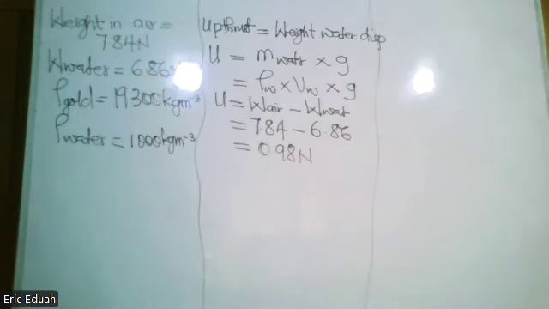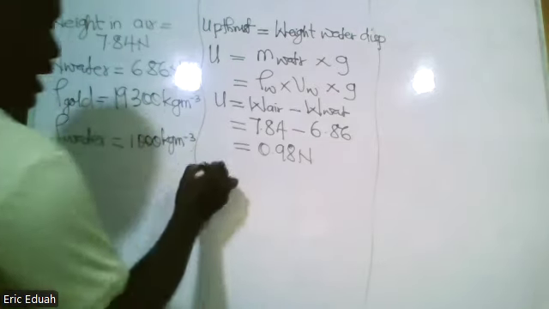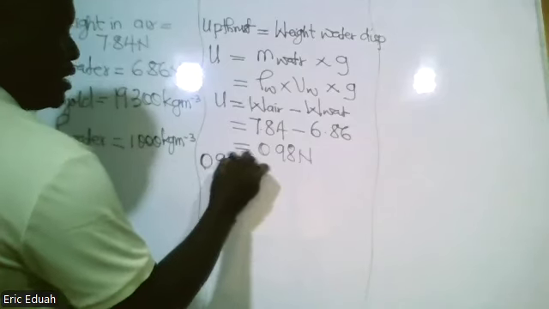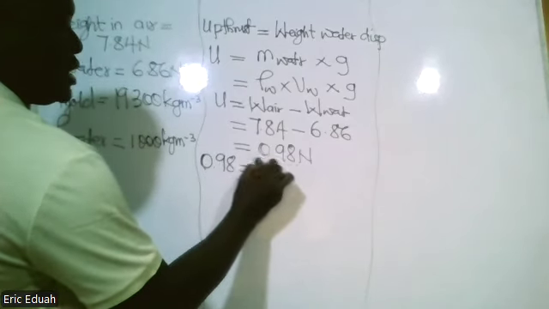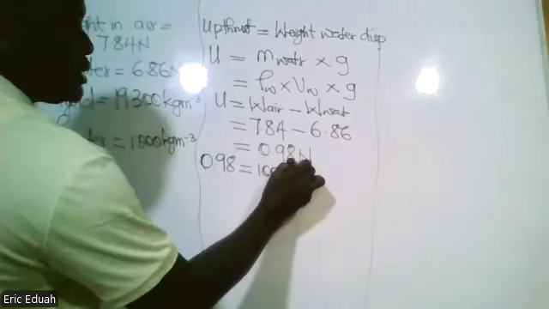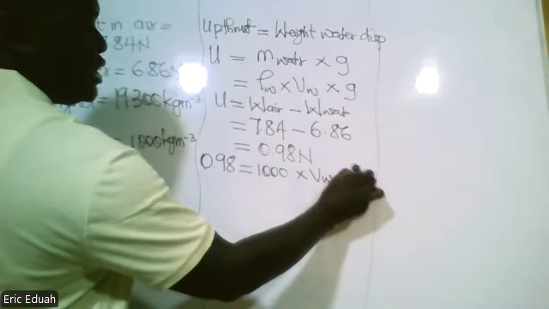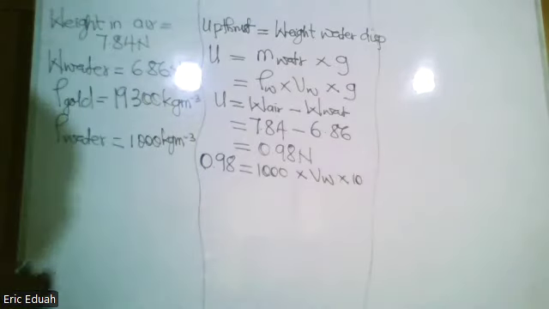So once we have the volume of water, our density of water, 1,000, times the volume of water displaced times gravity, we can find VW.